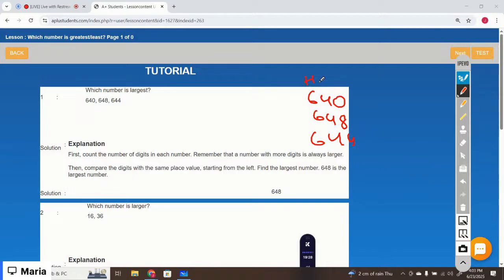Look at the highest digit first. They are six, exactly equal. Now look at the tens digit, again they are four. They are equal, so now look at the ones place value. The largest one is 8. That means 648 is the largest.